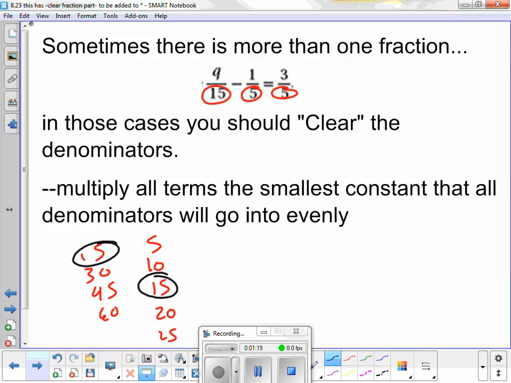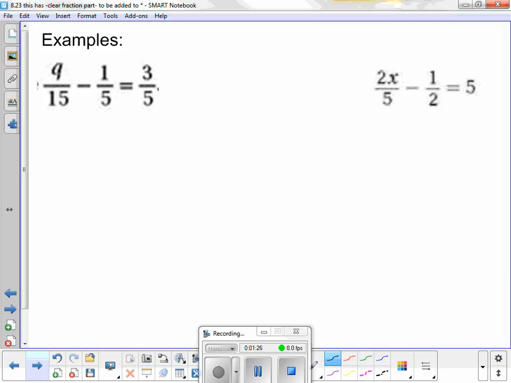So I want to multiply all the fractions by that least common multiple. Let's look at the problem. I'm going to rewrite my problem, q over 15, and I'm going to multiply each section.